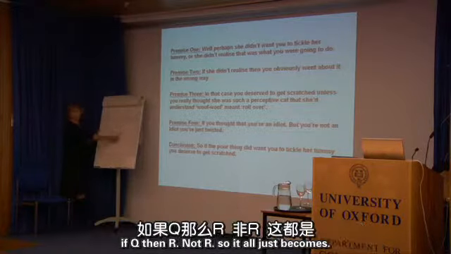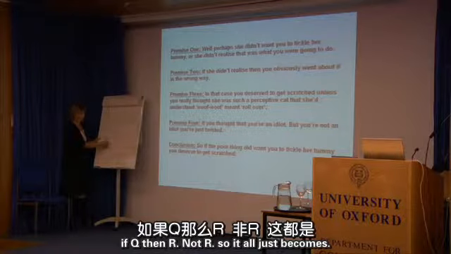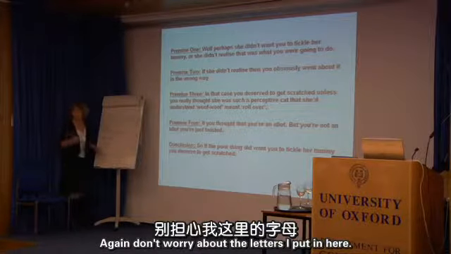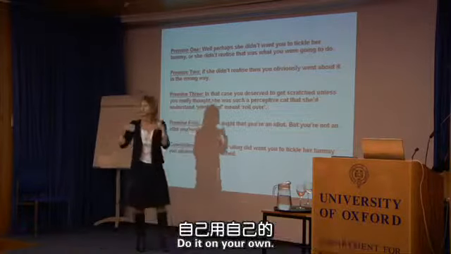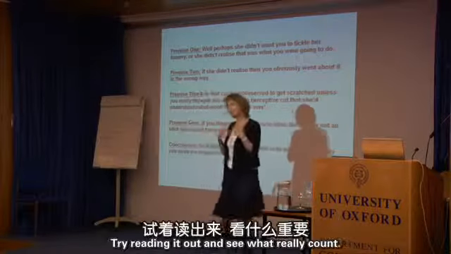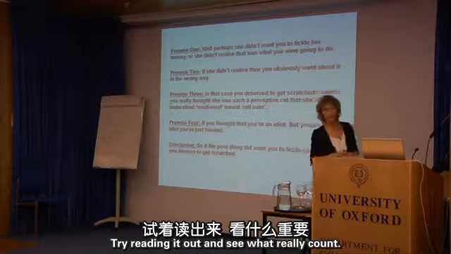P unless Q, if Q then R, but not R. So it all just becomes... But again, don't worry about the letters I've put in here. Just do it in your own way. Try reading it out and see what really counts.